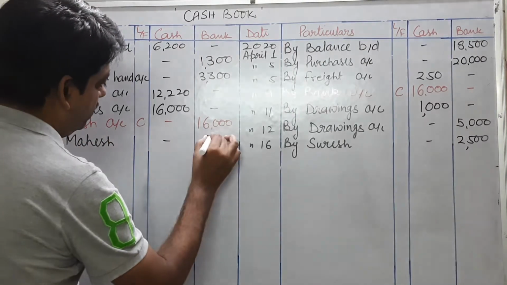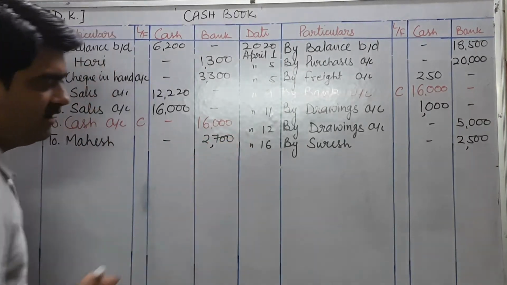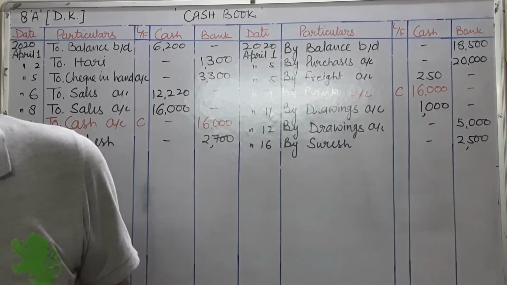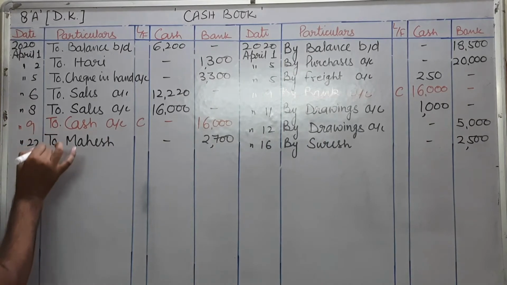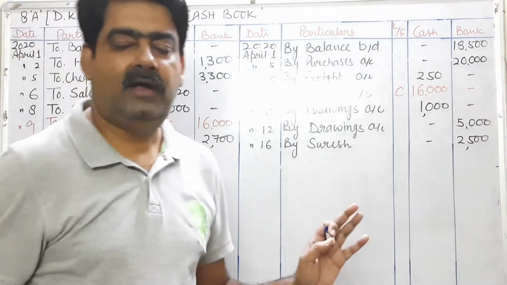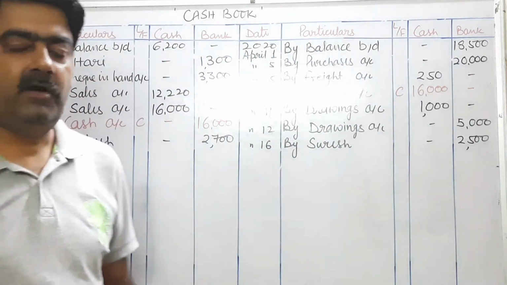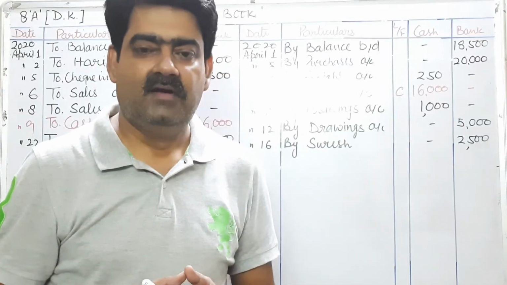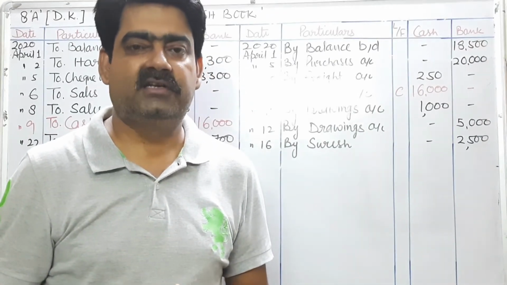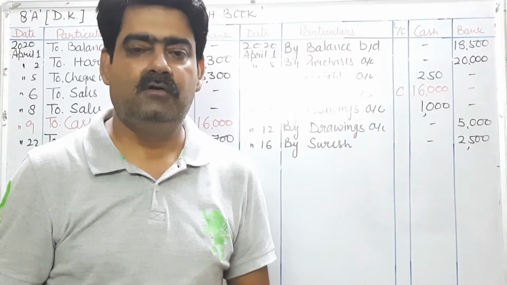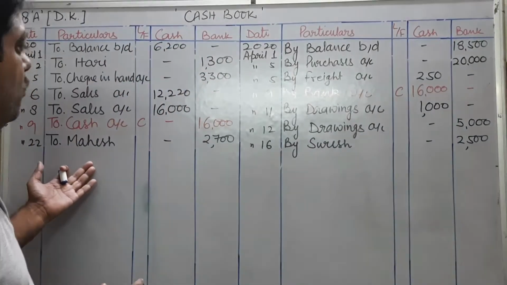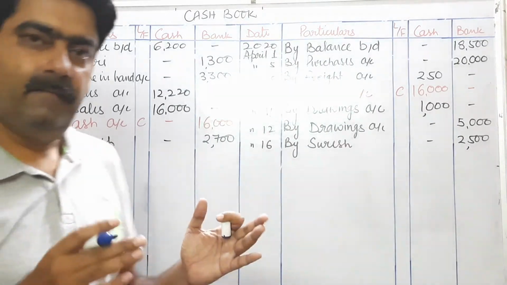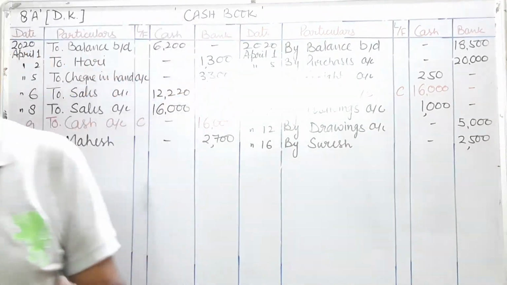We are receiving 2,700 from Mahesh on April 22, and the amount will come in the bank column because we are receiving a check from Mahesh and we are immediately depositing this particular check into our bank account. So the journal entry will be bank account debit to Mahesh, and the treatment will be to Mahesh, and the amount will come in the bank column. Okay. Now see next transaction.